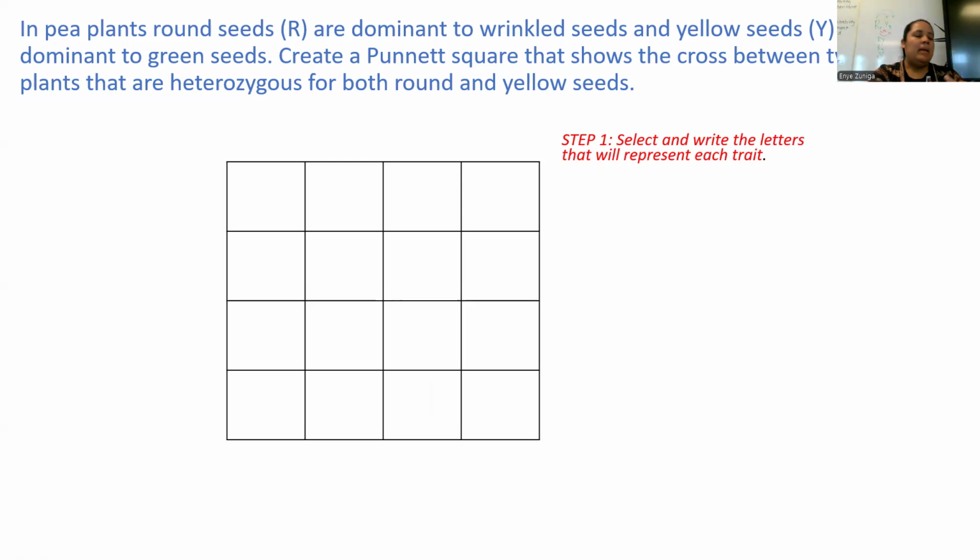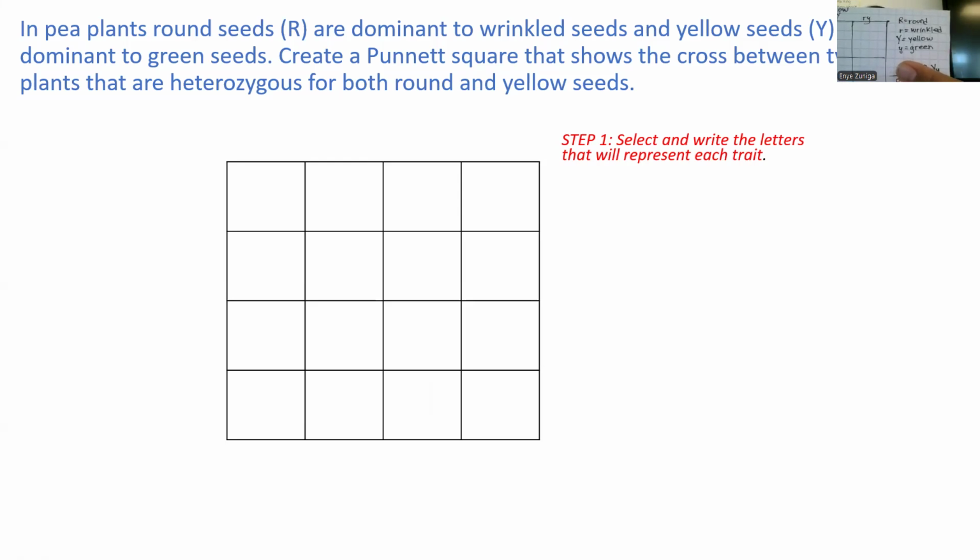Okay. Now, the first thing you want to do is write what your alleles represent. So we have the letter capital R, and the problem tells us it codes for a round seed.